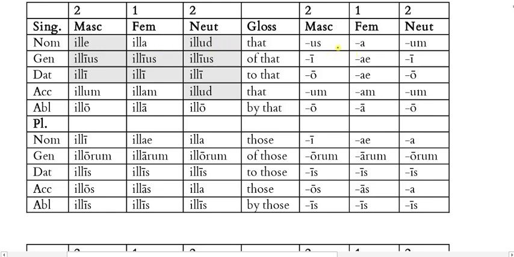Now, notice that the masculine and neuters are shaded because they do not match us and is. Illa does match the feminine, so that's good. So again, if you memorize all three of these for your lexical form, you've got most of this. Genitive, illius, illius, illius.